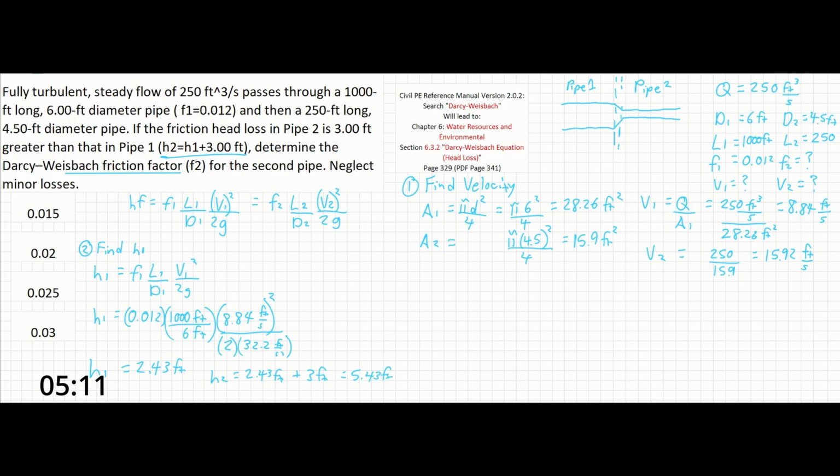So now we have everything we need to solve for the F2 value in the Darcy-Weisbach friction factor equation. In the same way that we recently solved for H1, we can now set H2 as our known and back calculate for the missing F2 value.